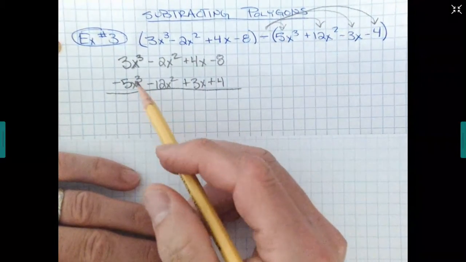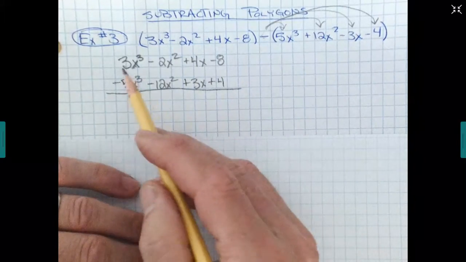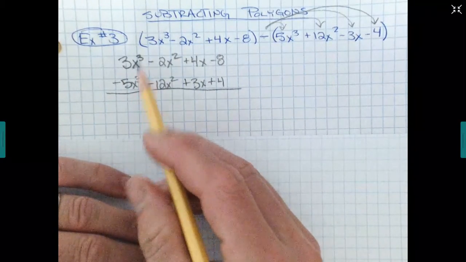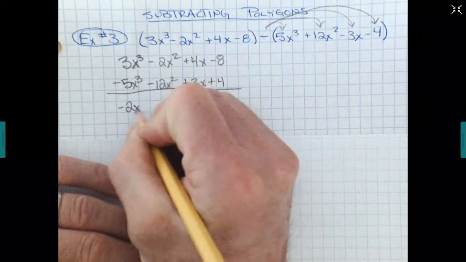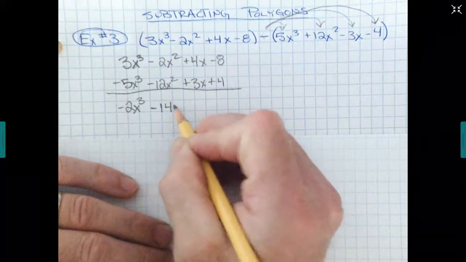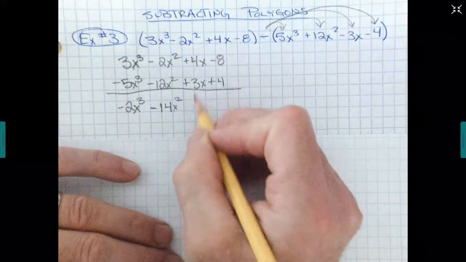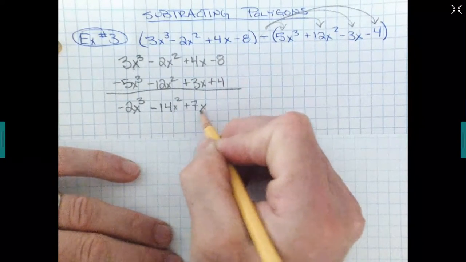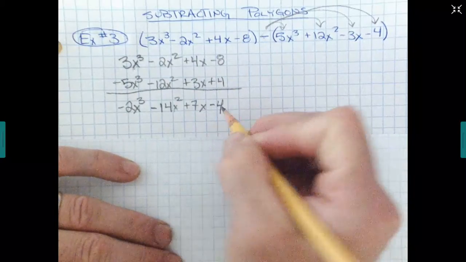So I distributed my negative, and I just add them. 3x to the third minus 5x to the third is negative 2x to the third, minus 14x squared, plus 7x, minus 4.